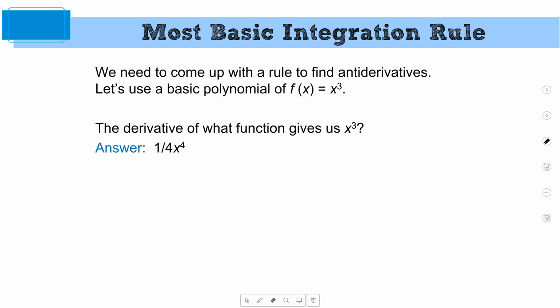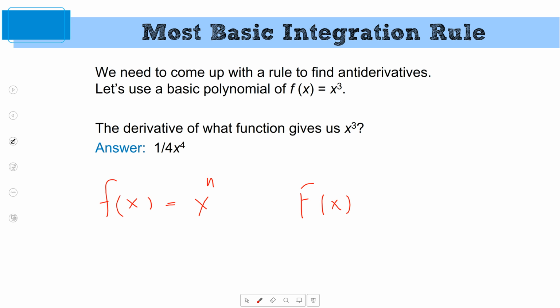Let's suppose I've got x to the n, n as in narwhal. What is the antiderivative of x to the n? Wait, is the original function n? The original function, okay, yeah, I get it. f of x is x to the n.